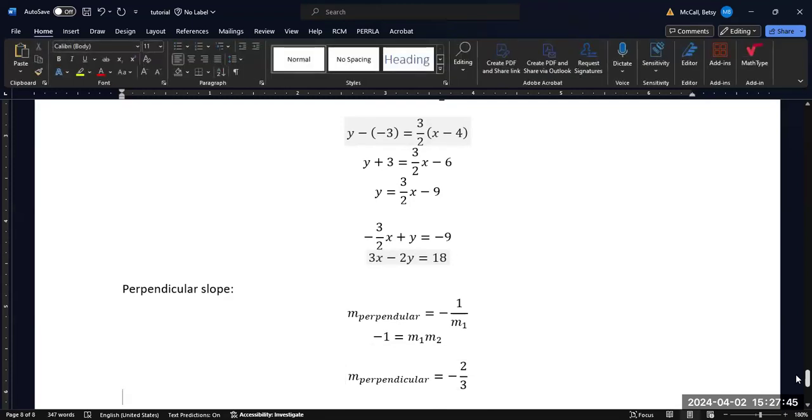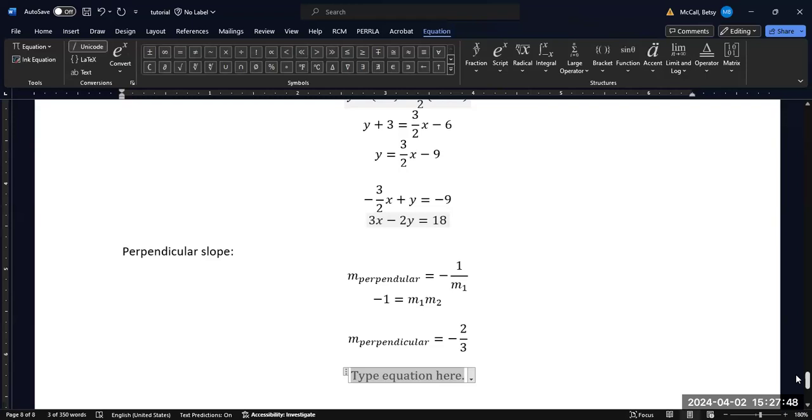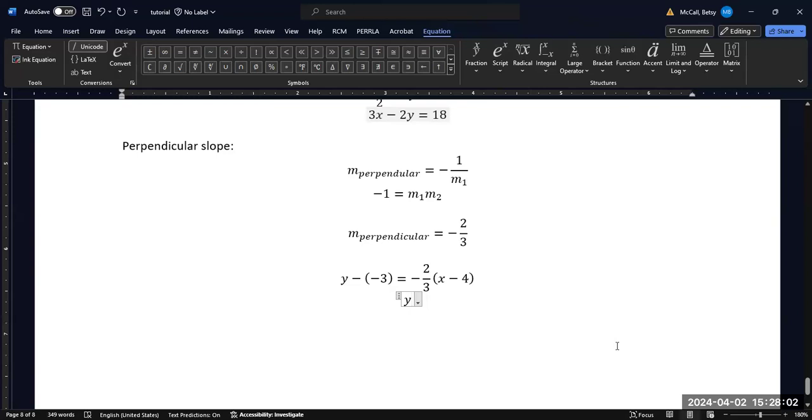And so now we build our equation going through the same point. y minus -3 is equal to -2/3 (x minus 4). We're going to have fractions here that aren't going to clear nicely, so it'll be a little bit more work. If I distribute my -2/3, I'm going to get -2/3 x plus 8/3.